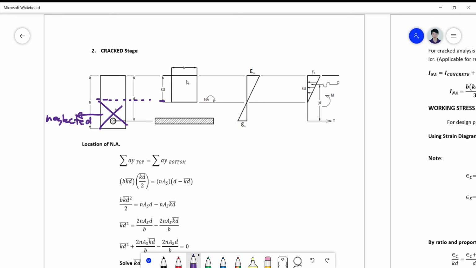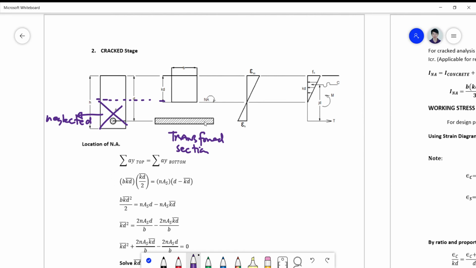That's why your cracked-stage transformed section will be something like this. Okay, it's like a floating steel section here, a converted steel section.